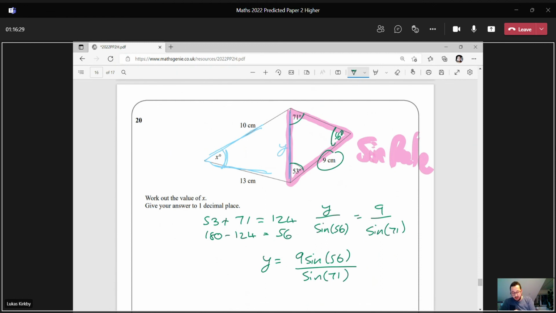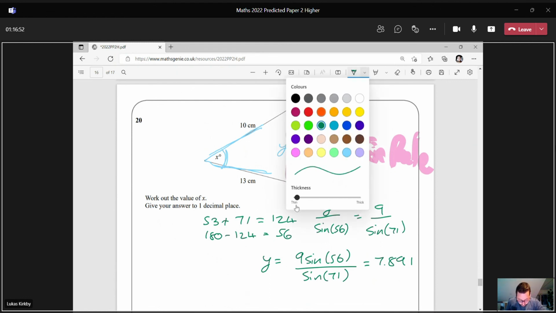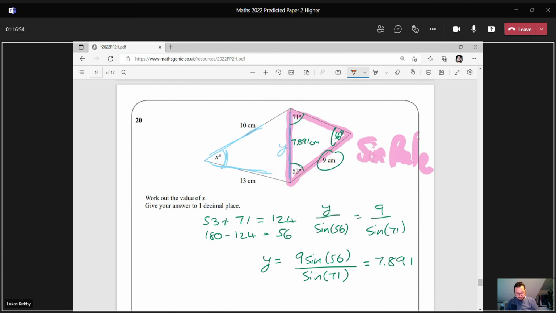And we'll just write that in our calculator. So 9 sine of 56 divided by sine of 71, and that is going to give us 7.891, and we'll leave it like that. So y is 7.891 centimetres.